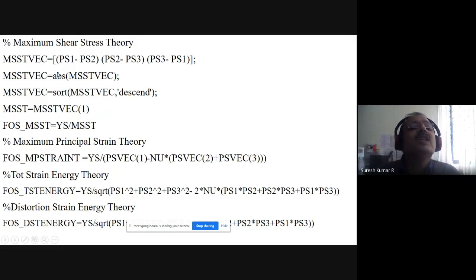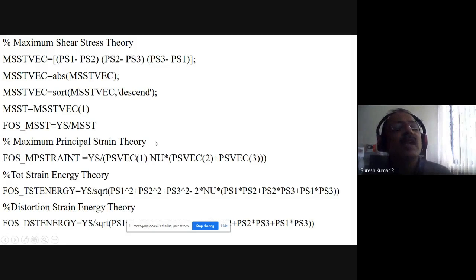Maximum shear stress theory: out of sigma 1 minus sigma 2, sigma 2 minus sigma 3, sigma 3 minus sigma 1, whichever is maximum, by arranging in descending order, the first value I get is the maximum value. So sigma E by the maximum value among sigma 1 minus sigma 2, sigma 2 minus sigma 3 and sigma 3 minus sigma 1, I get the factor of safety.